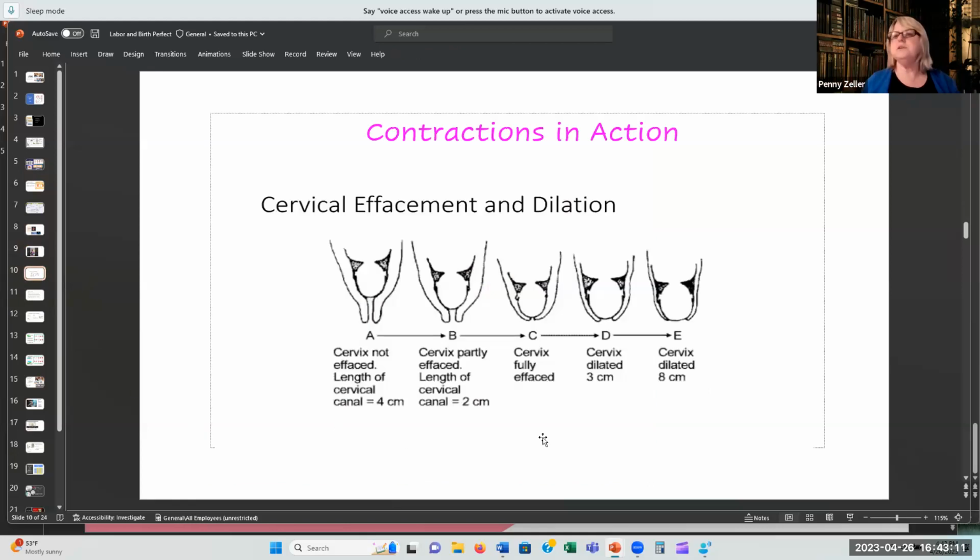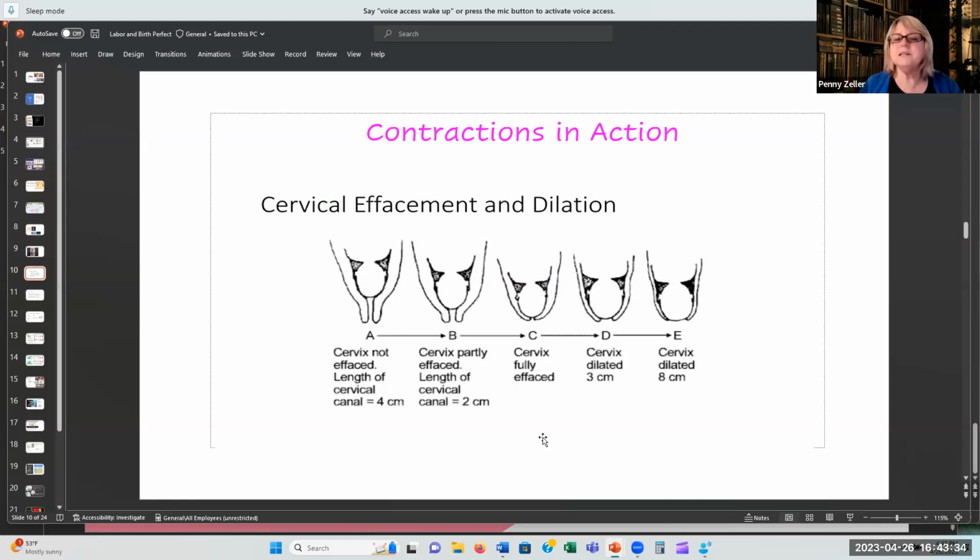So this is just another depiction of the uterine contractions in action. Okay, so the cervix is long, right? So it's normally over 3 centimeters long. It begins to shorten during contractions to 2 centimeters. I'm sorry, 4 centimeters long and 2 centimeters long.